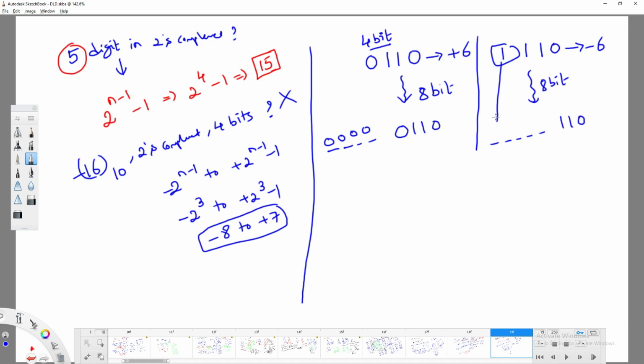This sign bit should be taken with the last one, and all the remaining places should be occupied with 0. This is what I can call sign bit extension. So how are we going to extend the places of the storing data? If it is 4-bit, okay. If it is 16-bit, you have to extend it. How are we going to extend?